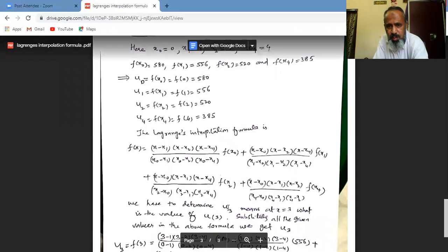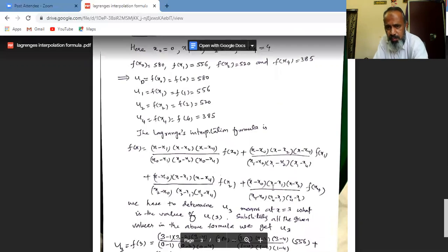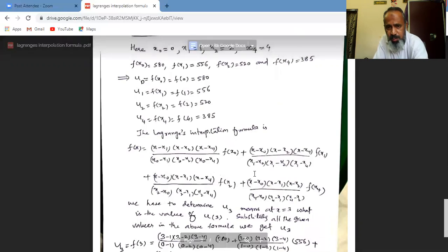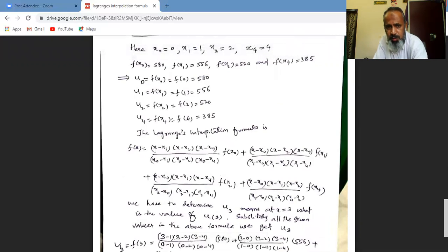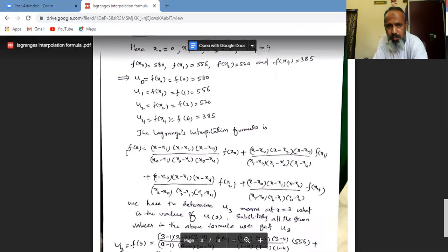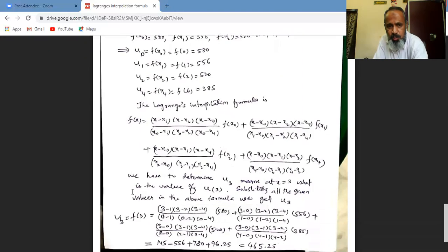Now, substitute all the values x0, x1, x2, x4; these values we know, and f of x0, f of x1, f of x2, f of x4, these values we know. Now substituting all the values, and in place of x, if we substitute 3, then we get the value of f of 3, that is nothing but u3.